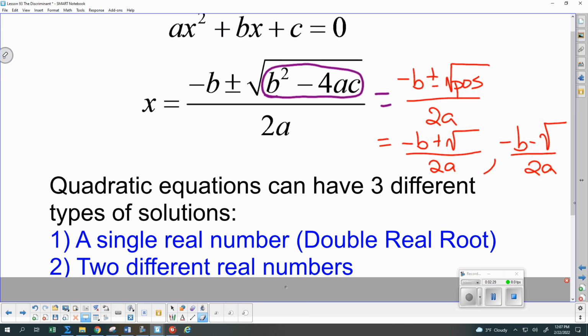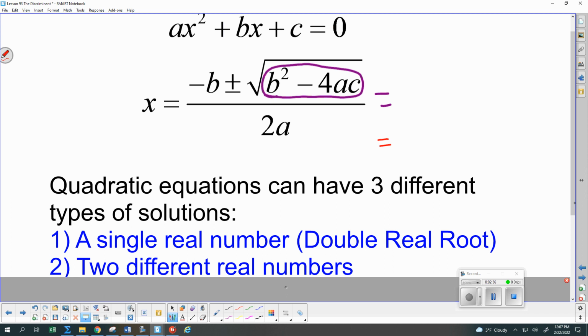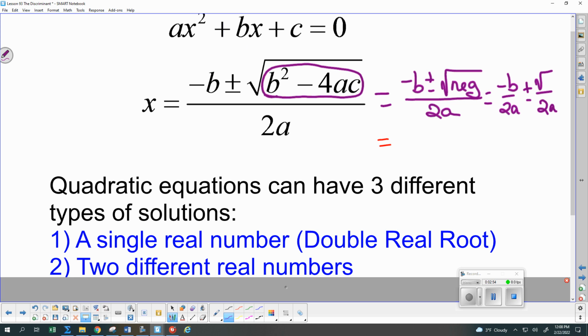And the other thing that we have seen is that we can get the opposite of b plus or minus the square root of some negative number over 2a. And that means that we have the opposite of b over 2a plus or minus some square root over 2a, and then we have the i in there.